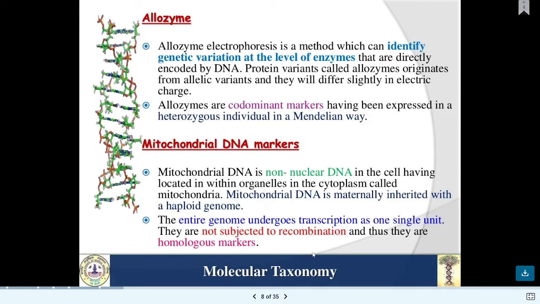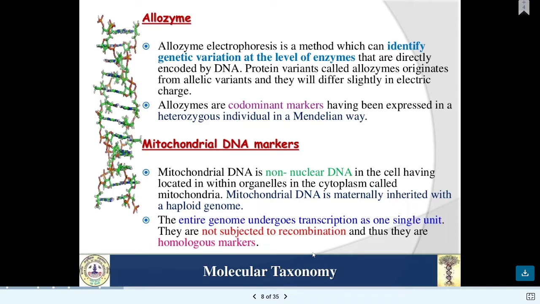Allozyme electrophoresis is the method which can identify genetic variations at the level of enzymes. Different organisms produce different types of enzymes, so based on these enzymes we can characterize the organism by the types of enzymes they contain, which are directly encoded by the genes or the DNA material present in that organism. Protein variants called allozymes originate from allelic variations.